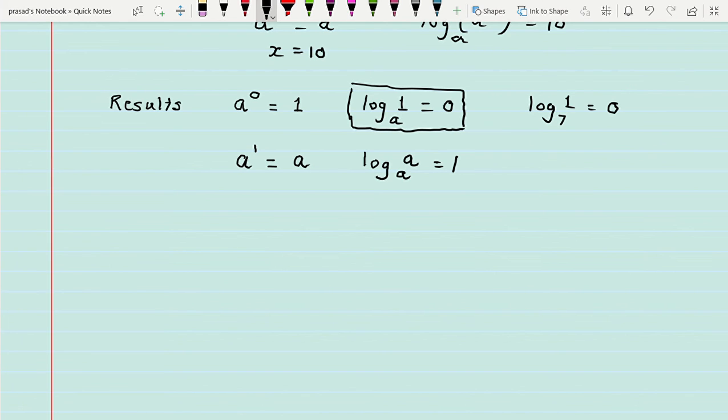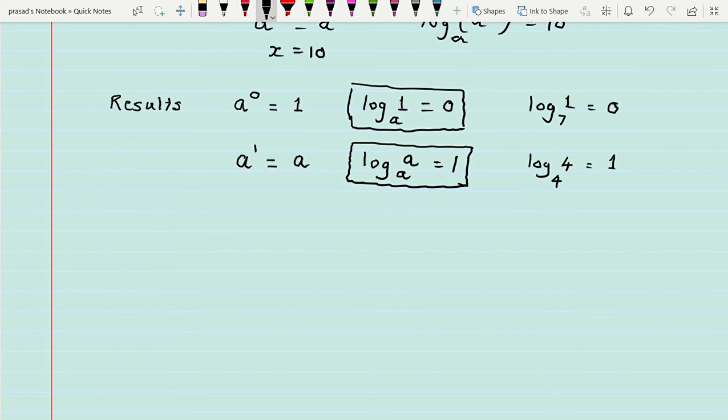Which means log of any number to same base will be always 1. Take for example, I have log of 4 to base 4. That will be 1. So these two results are very useful in solving the problems.